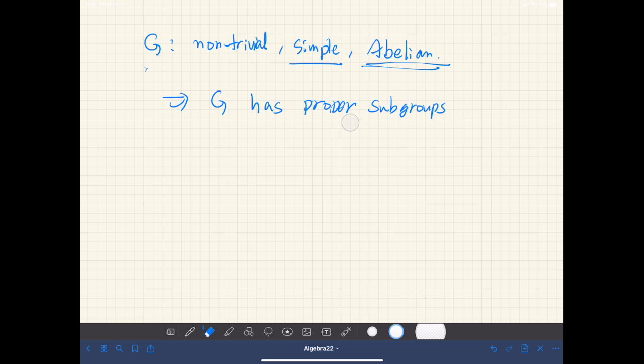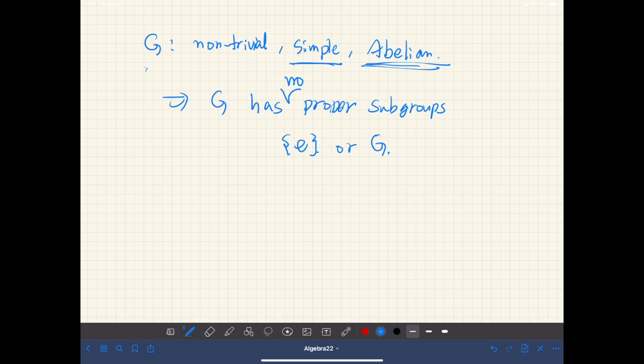By the way, a proper subgroup means a subgroup that is not the trivial group or G itself. So G has no proper subgroups because of these assumptions.